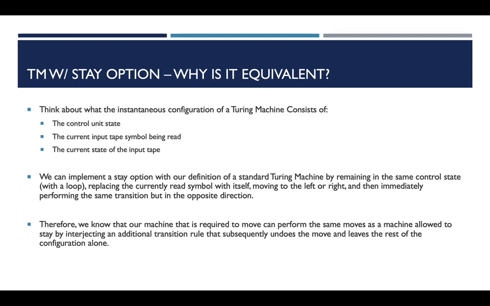Because we can interject some additional transition rules, we know that we can simulate anything that a machine with a stop state can do using our original definition that did not allow the read-write head to stop. We do that by moving to the right and then immediately moving to the left, or moving to the left and then immediately moving to the right, while retaining the control unit state and the input tape state.